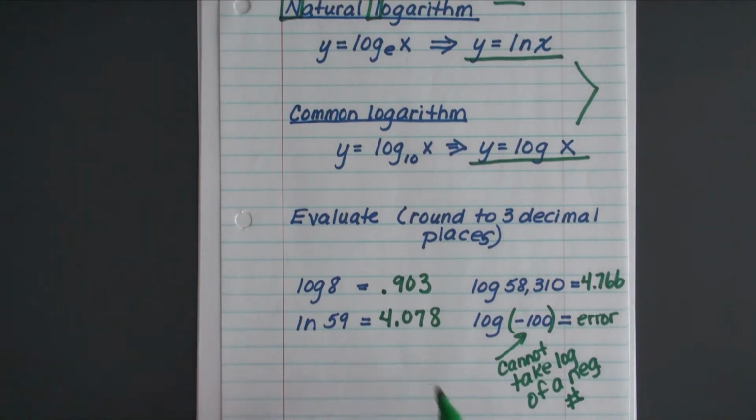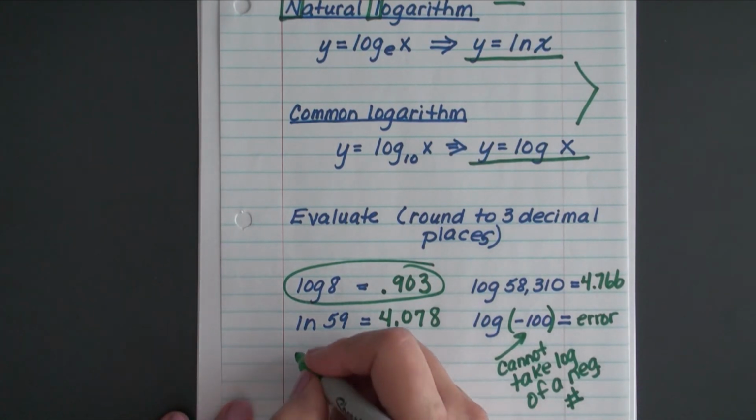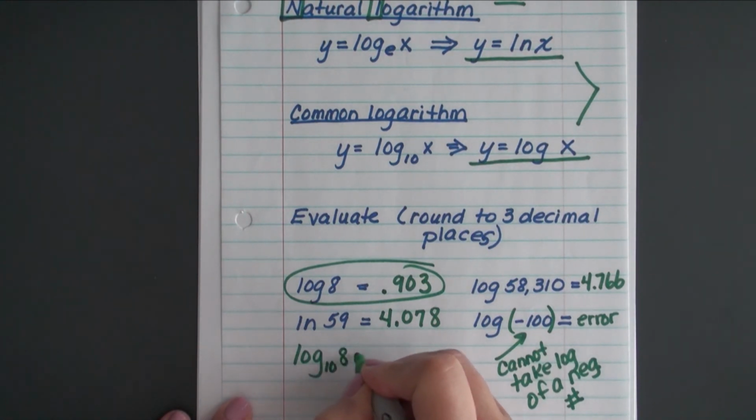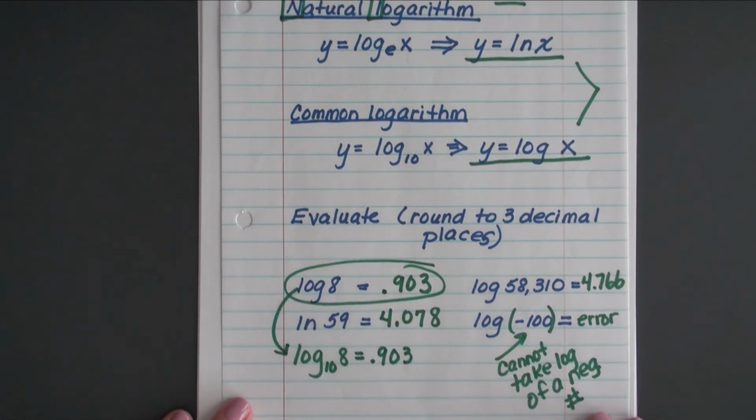Now I won't go through all of these, but let's go back to the log 8 equals 0.903. What that really means is log base 10 of 8 equals 0.903. And if you use your definition for logarithms, you would rewrite this as 10 to the 0.903 power equals, oops, that should be a 8.